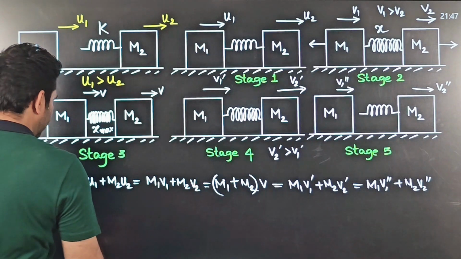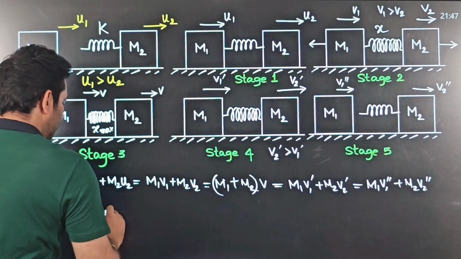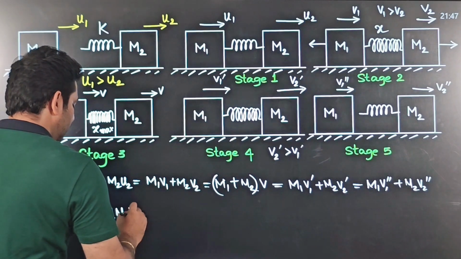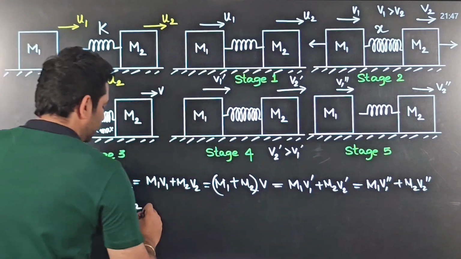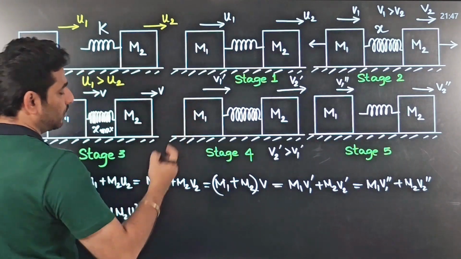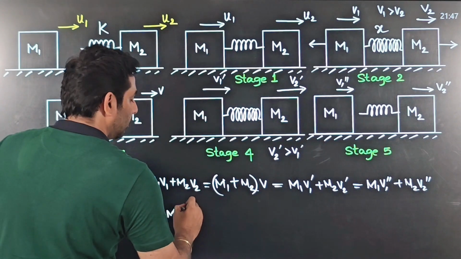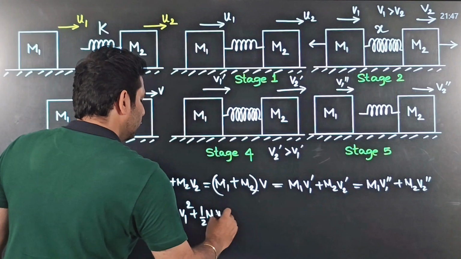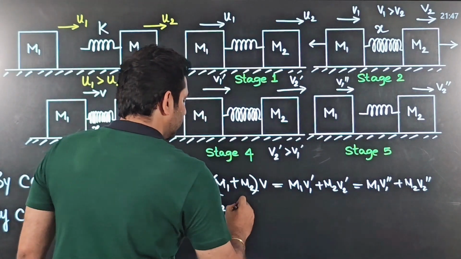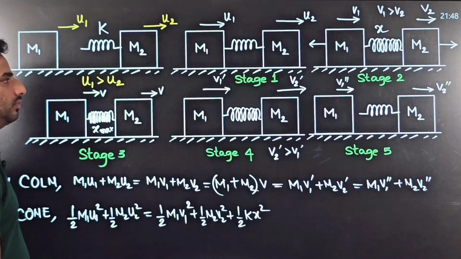Stage 1, the mechanical energy is only kinetic energy, half m1 u1 square plus half m2 u2 square. That is equal to stage 2, that is half m1 v1 square plus half m2 v2 square plus spring potential energy half kx square.